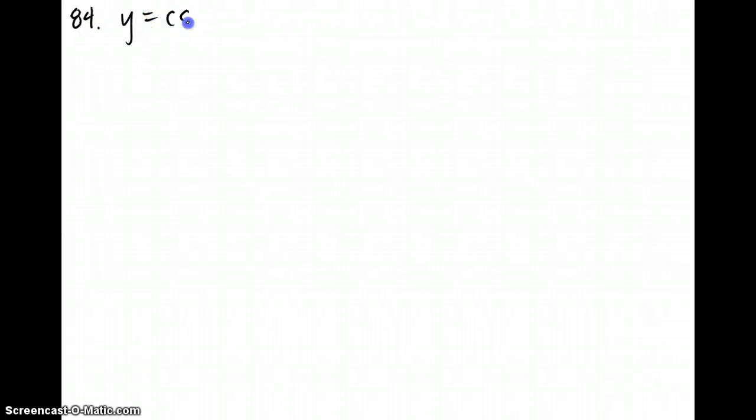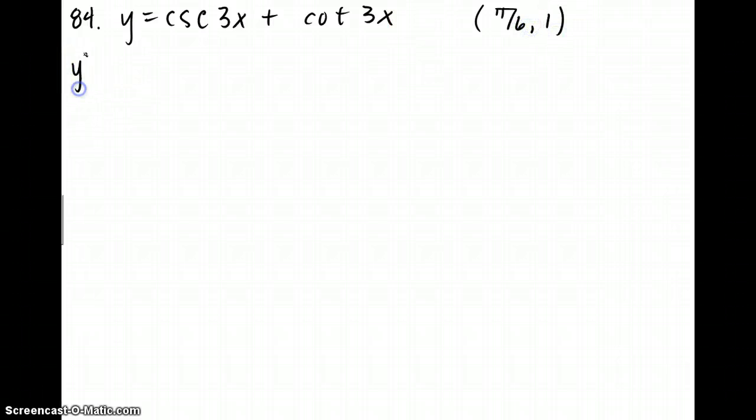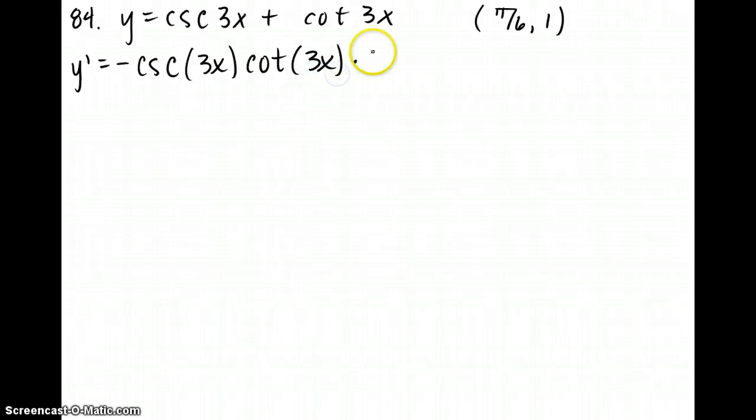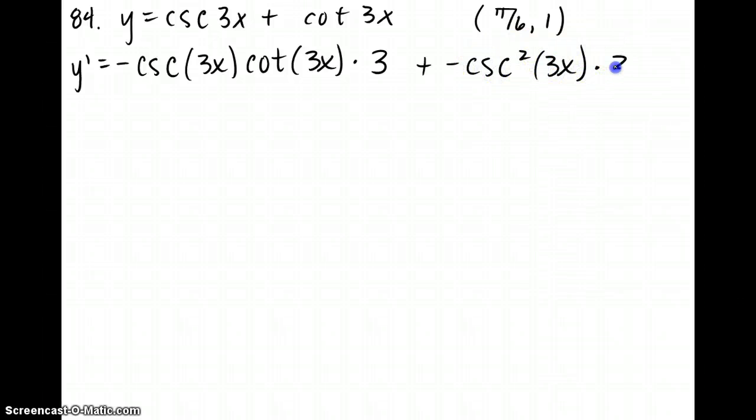(84) Y equals cosecant of 3x plus cotangent of 3x at the point pi over 6, comma 1. So the derivative, working from the outside in, derivative of cosecant is negative cosecant cotangent times the derivative of 3x, which is 3, plus, working from the outside in on the second term, derivative of cotangent is negative cosecant squared of the function times the derivative of 3x, which would give us 3.